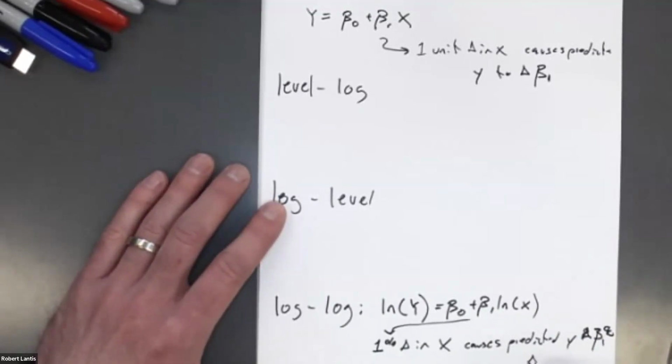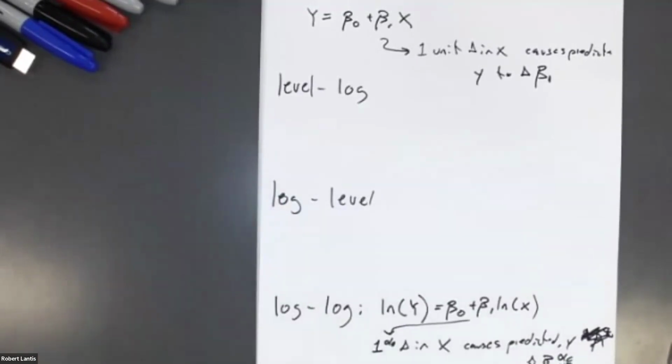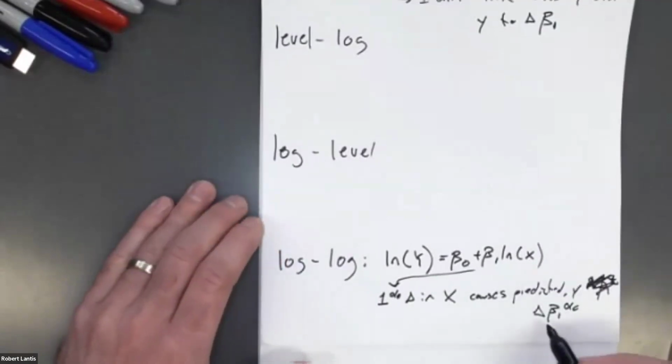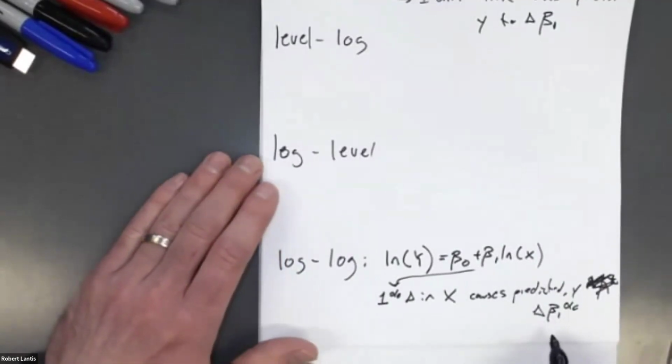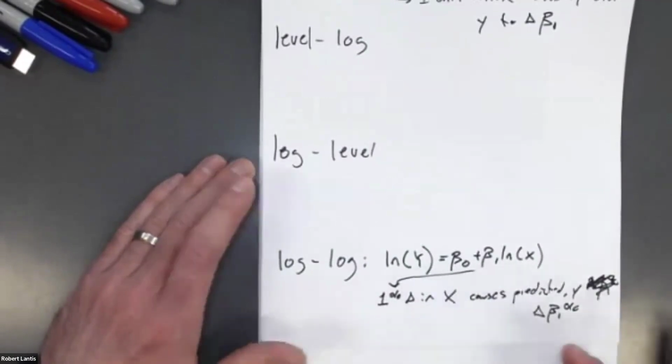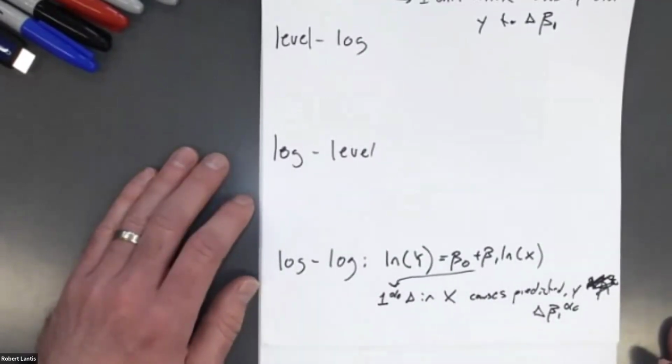So that's a little bit more clear, right? So why did we say we might like these log-log models in economics? What does this sound kind of similar to? Elasticities, right?